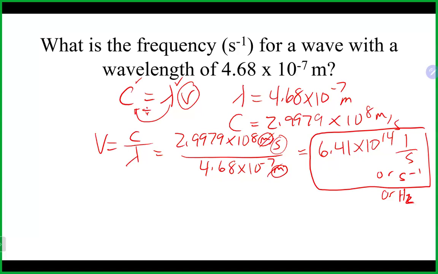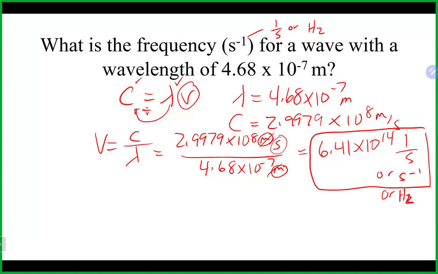Any questions? Yeah. The s to the minus 1 is one way that you could write reciprocal seconds. It's just a shorthand. Reciprocal seconds are the units of frequency, and that is also the same as a hertz, so it's a 1-to-1 conversion between those two.